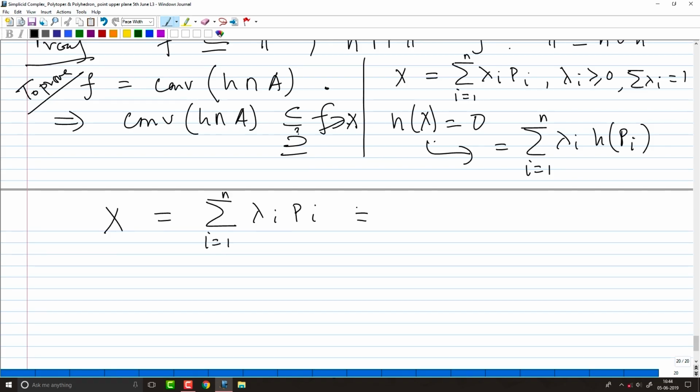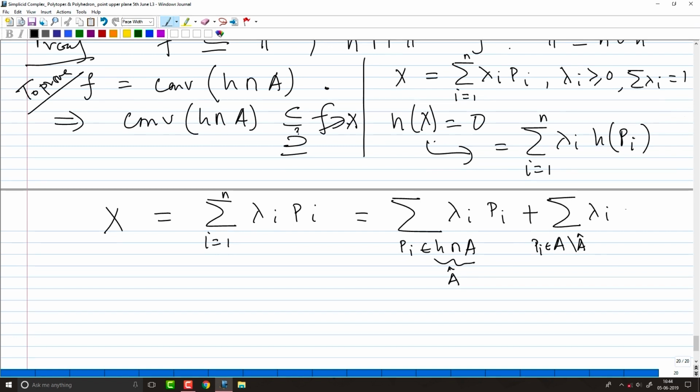Let us break it further: summation over Pi belonging to H intersection A of lambda i Pi, plus summation over Pi in A minus A hat, lambda i Pi, where let us call H intersection A as A hat. I just broke the summation into two parts. If all the lambda i's in the second part are 0, I will be done, right? Yes or no?